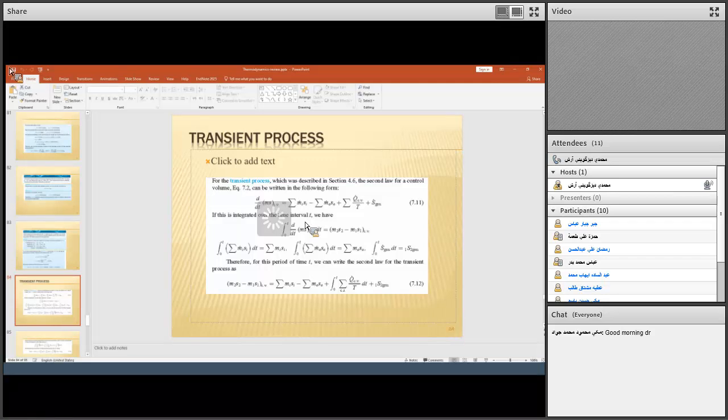So the above equation for the transient process converts to the below equation. So m2 s2 minus m1 s1 for the control volume equals the summation of m_i s_i minus the summation of m_e s_e plus the integral of the summation of rate of heat transfer divided by T dt, plus entropy generation between initial state 1 and final state 2.